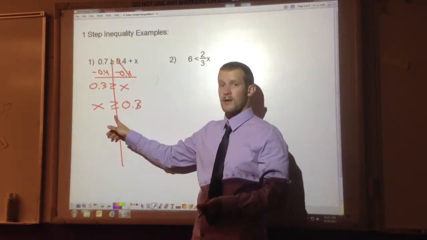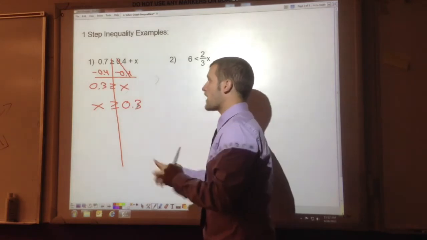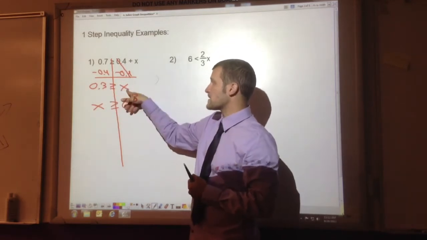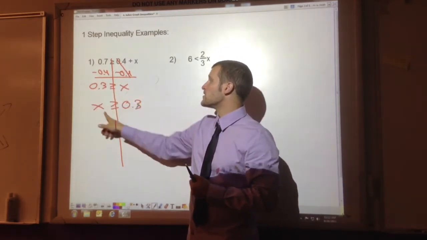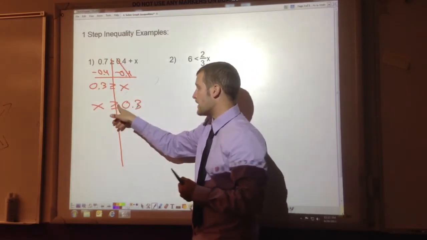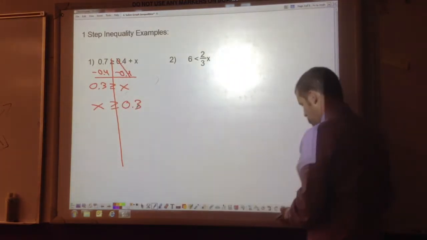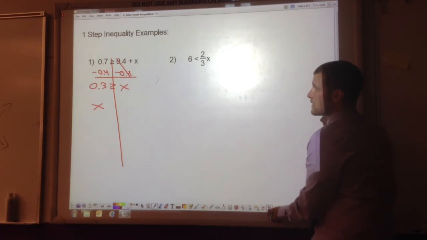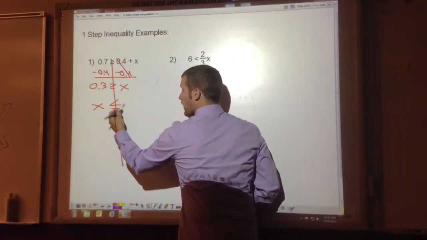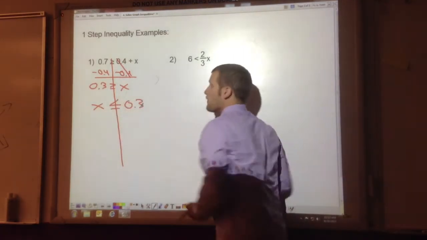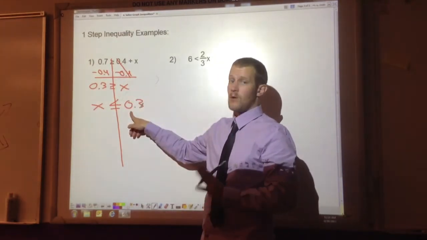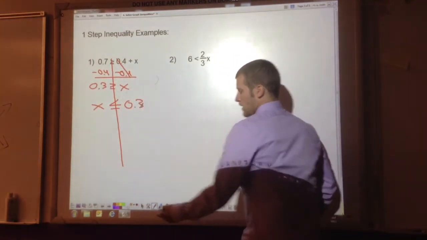You can flip your inequality around as long as you are careful. This was pointing at the x, x is smaller, 0.3 is bigger, so when I repeat it, it had better point at the x and make the x smaller and 0.3 bigger. So I can flip it around if I do this. Both of these are perfectly acceptable. I wouldn't care which one you gave me.